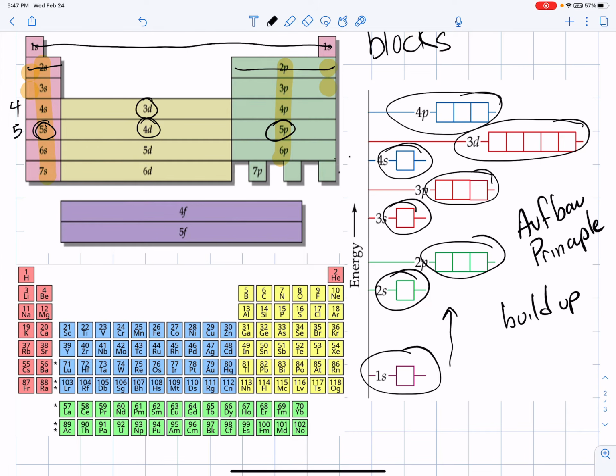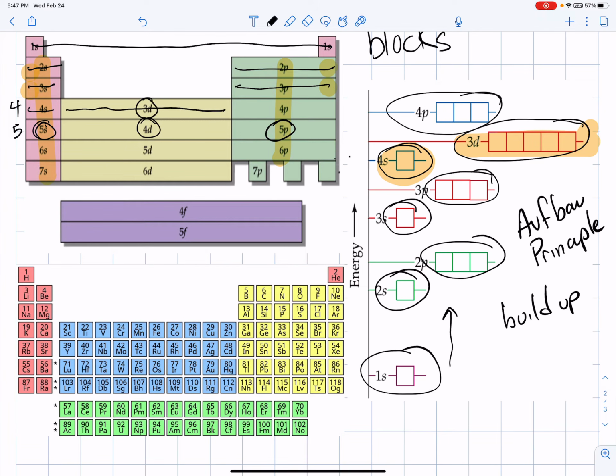When you're finished filling 2p, you're supposed to fill 3s. And look at this, 3s comes after 2p. When 3s is filled, you fill the 3p. When 3p is filled, you go to 4s. And then look at this. When 4s was filled, look at the diagram on the right, you're supposed to then go to 3d. Well, look at the periodic table. When 4s was filled, then comes 3d.